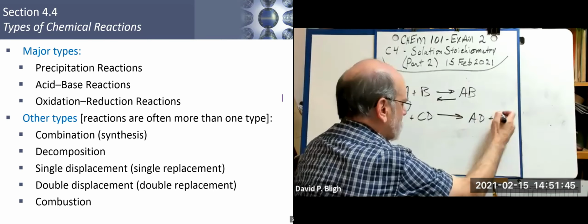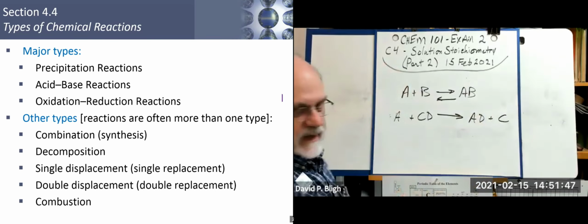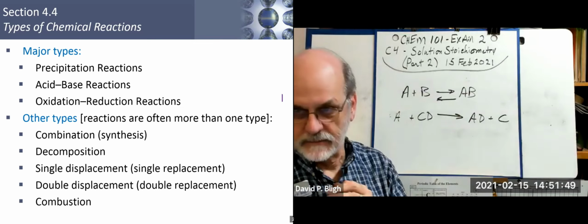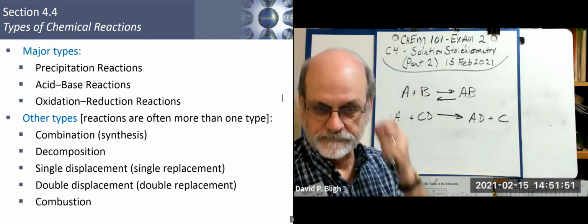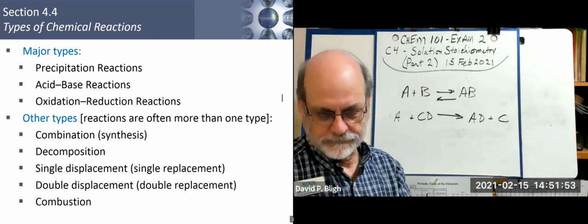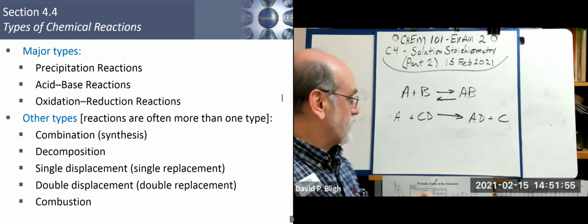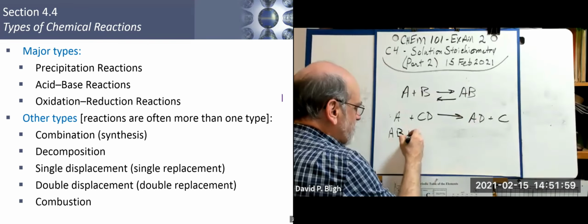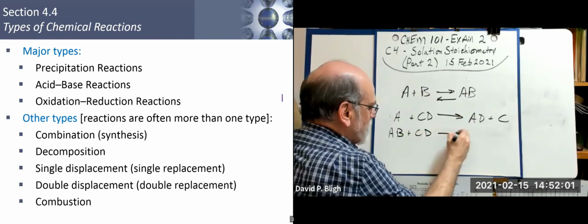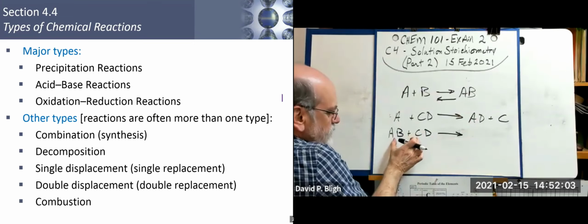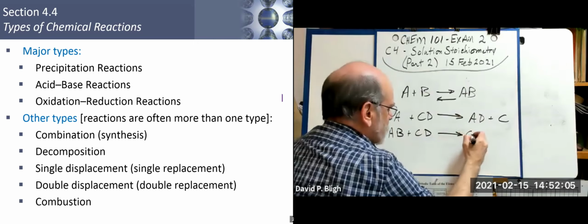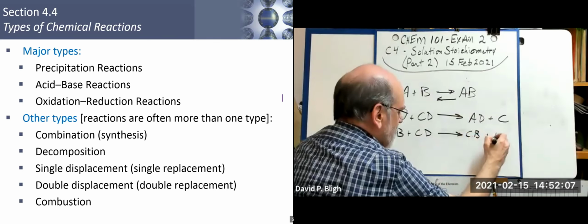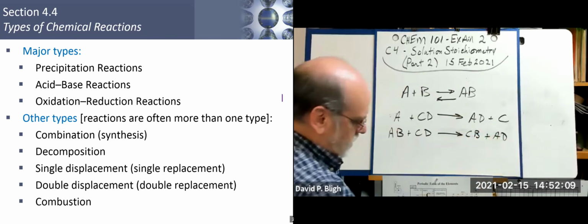That's a single replacement or a displacement. Now, if you have something like this, AB plus CD, and these two swap, so you have CB plus AD.